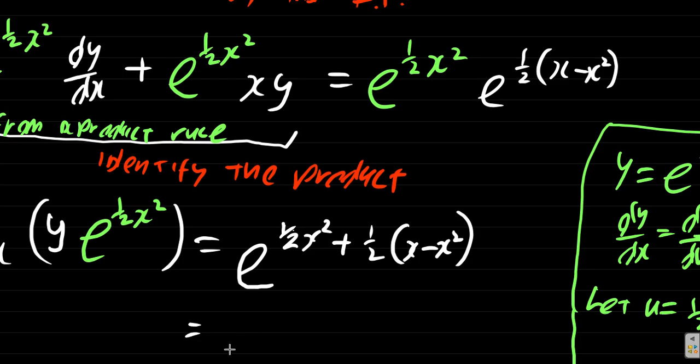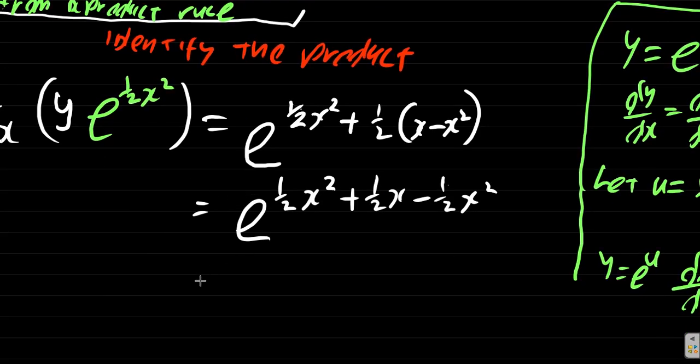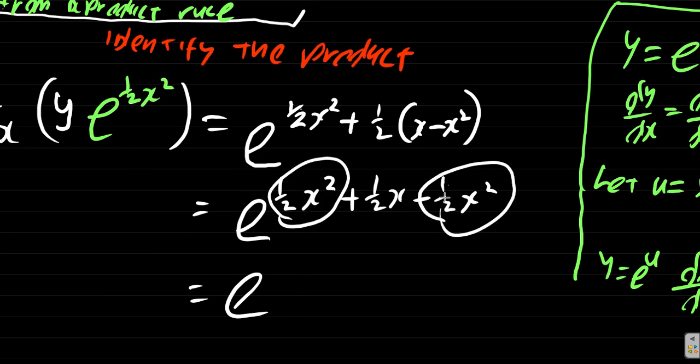We open the bracket, we have e to the half x squared plus half times x minus multiply the half x squared. So what happens here is e to the, oh guess what? The half x squared minus half x squared, that is gone. So what we have is e to the half x. So that's what we have there. All right.